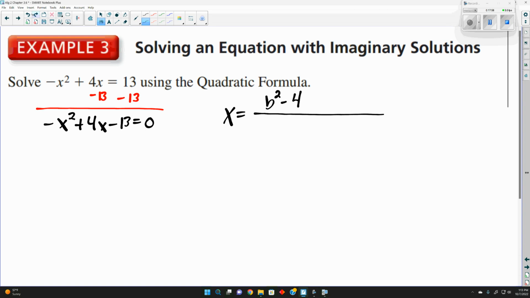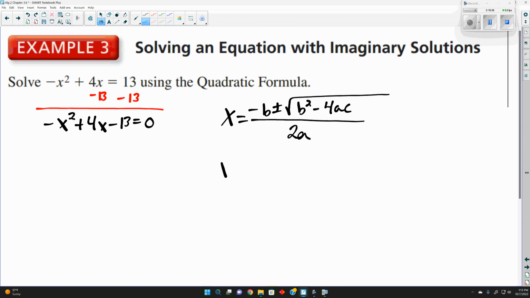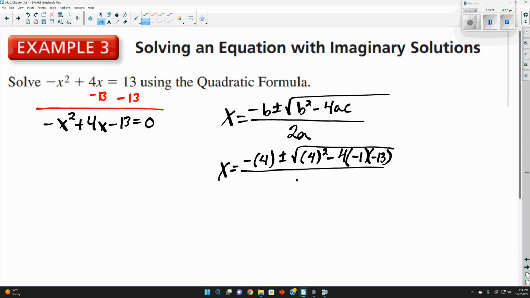I got ahead of myself. X is equal to negative b plus or minus the square root of b squared minus 4ac all over 2a. So we'll have negative b, which is going to be negative 4, plus or minus the square root of b squared, which is 4 squared, minus 4 times a is negative 1 and c is negative 13 over 2 times negative 1.